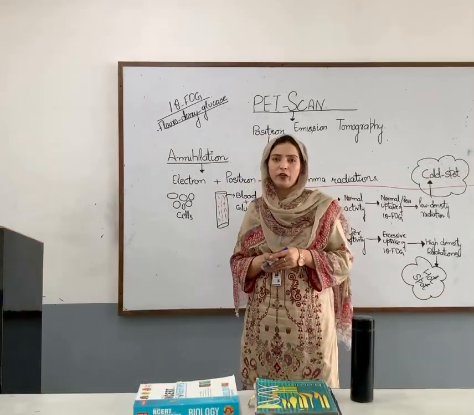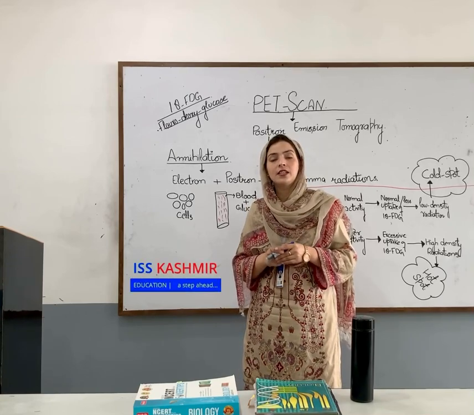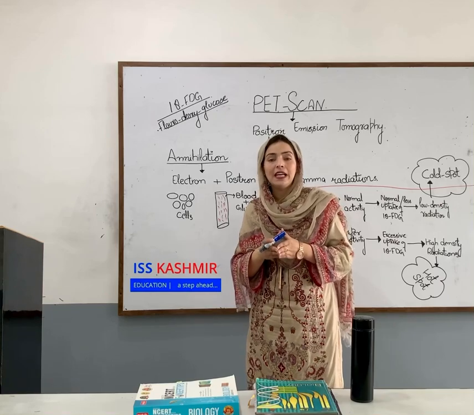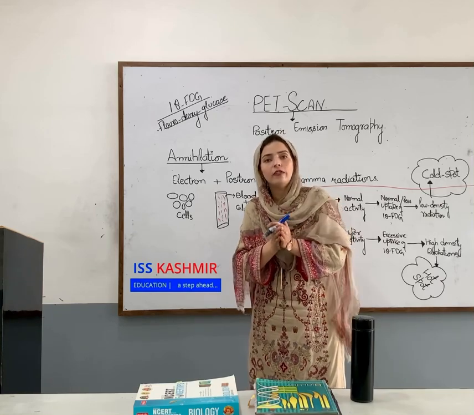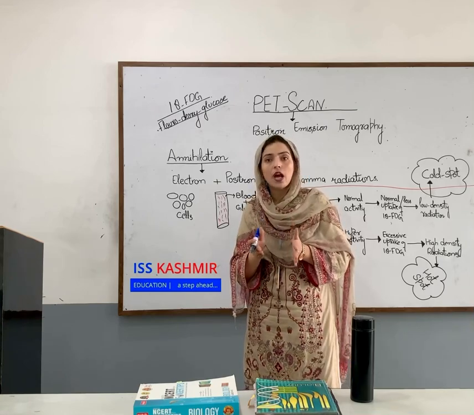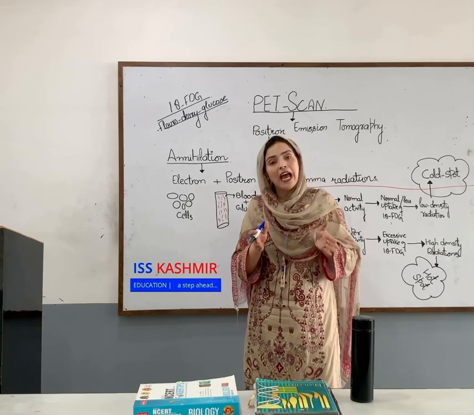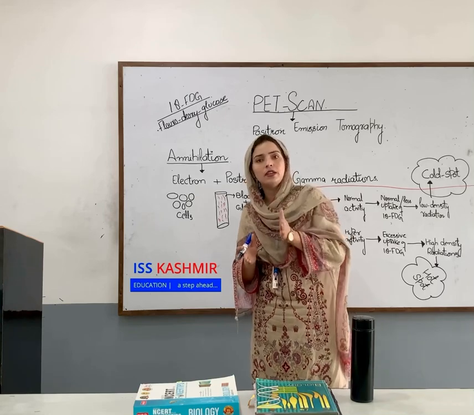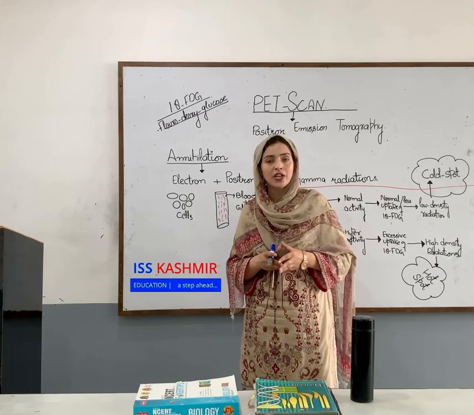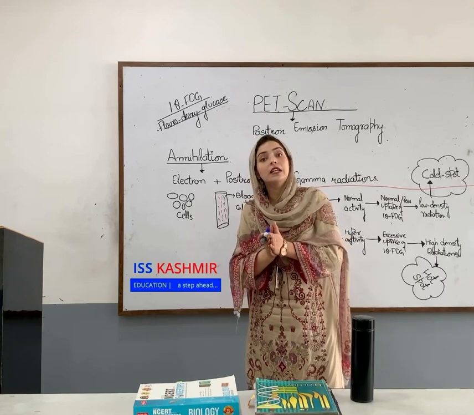The key player of PET scan is a subatomic particle called a positron, which is basically the counter particle of the electron. Electrons and positrons are both subatomic particles having similar mass and similar charge, except that positrons have a positive charge, whereas electrons have a negative charge.